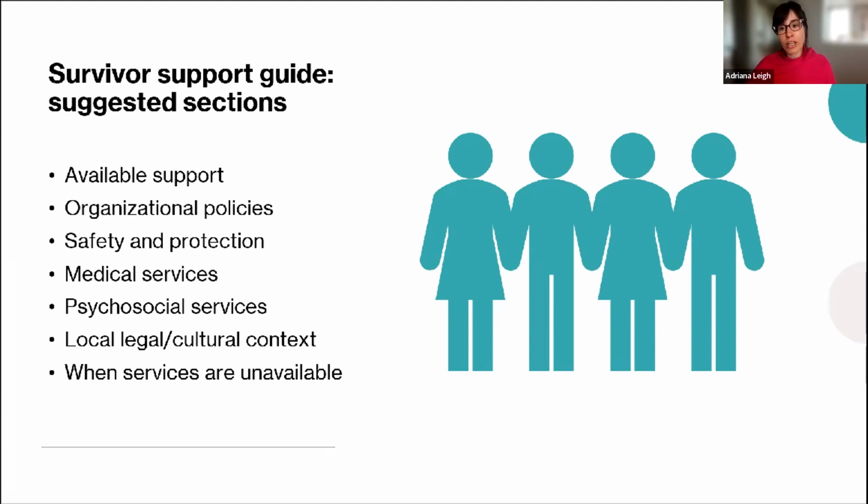Organizational policies, as Ramisha had mentioned, are important to include in your guide and also review potentially. And I want to name a couple of organizations, one of which is on the line. Crossroads International and Oxfam Great Britain have created survivor support policies that clearly lay out what support is available from the organization, and they're widely publicized.